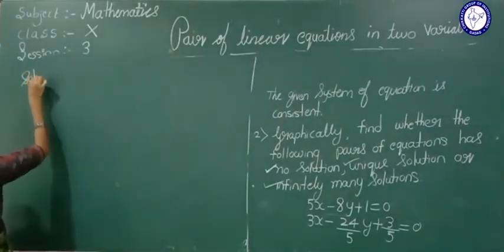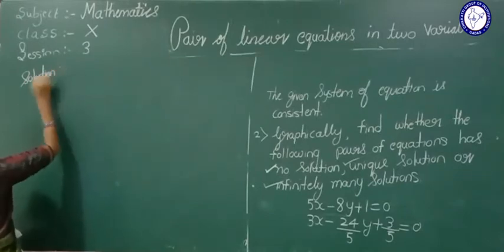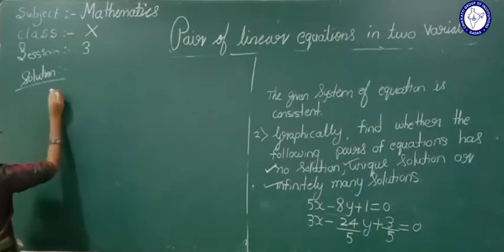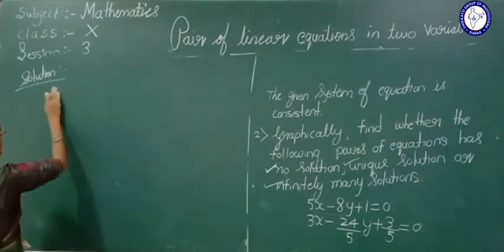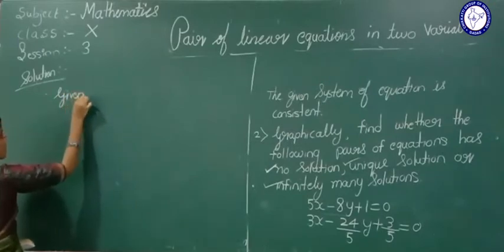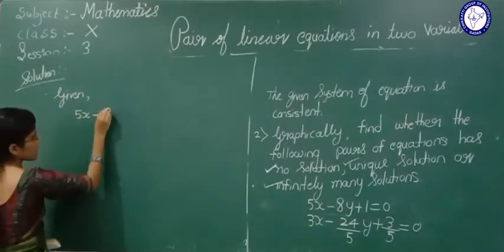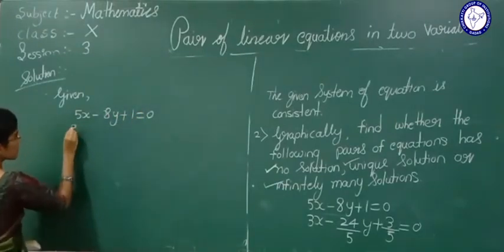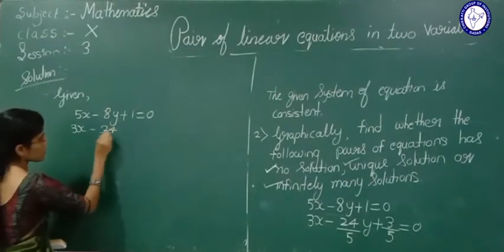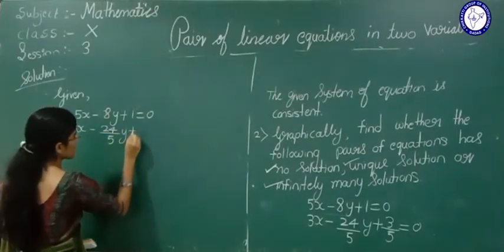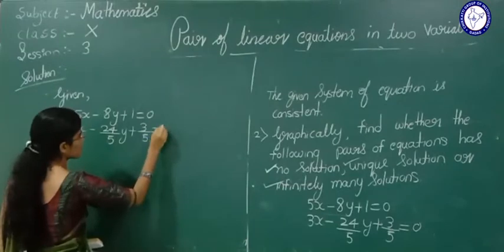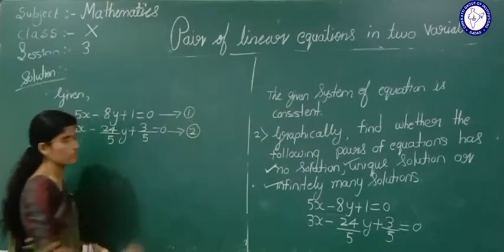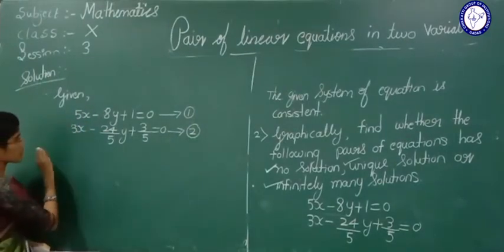See our solution. We will write: given 5x minus 8y plus 1 is equal to 0, and 3x minus 24 by 5 y plus 3 by 5 is equal to 0. This is equation number 1 and this is equation number 2. So we will simplify equation 2.